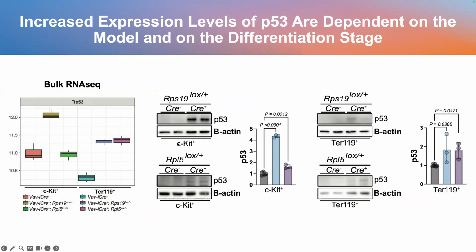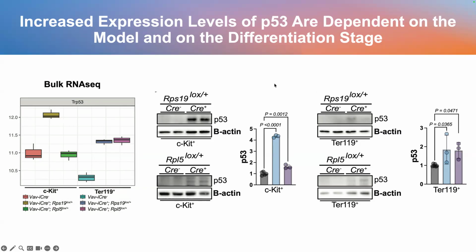But really, here is the message: in the sick population, we had a dramatic increase at the protein level in P53 for the RPS19, while we had comparable levels of P53 in the TER119 positive population.